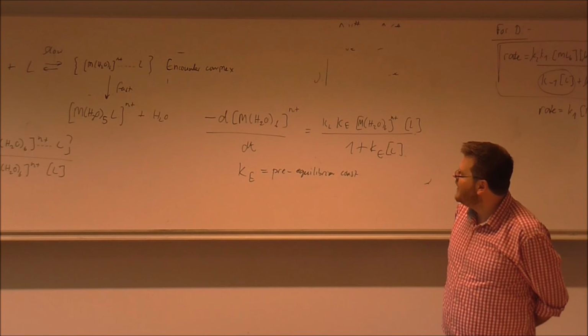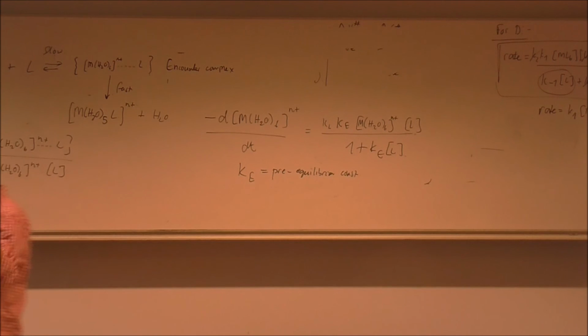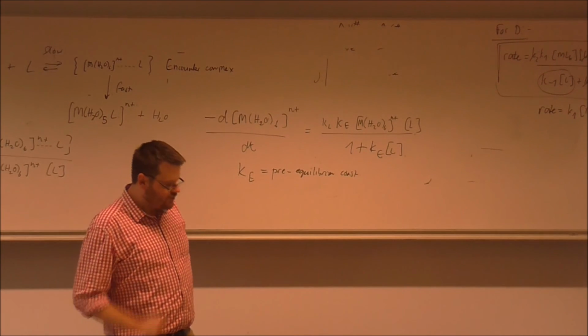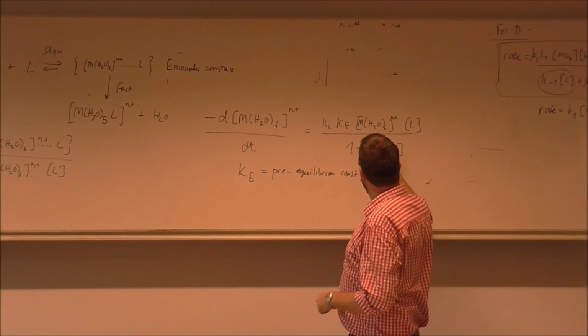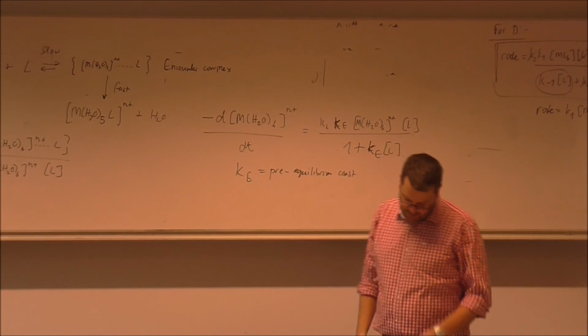So the question now is, and this is a whole different kettle of fish, how can we experimentally determine this pre-equilibrium constant? Because apparently we need it to get the rate of the reaction. This is the pre-equilibrium constant. kL is a rate constant, small k.